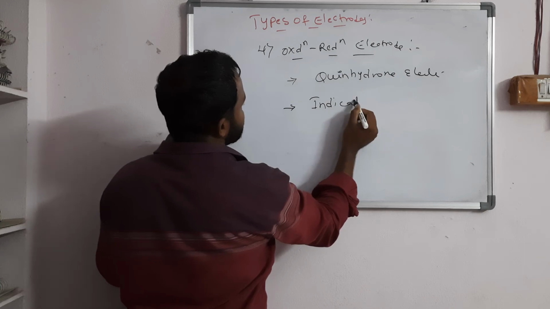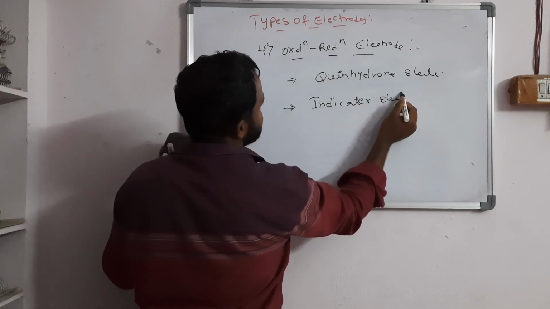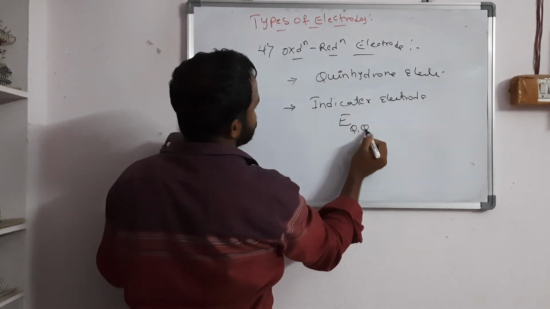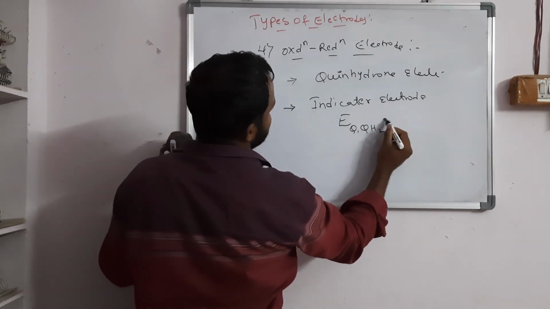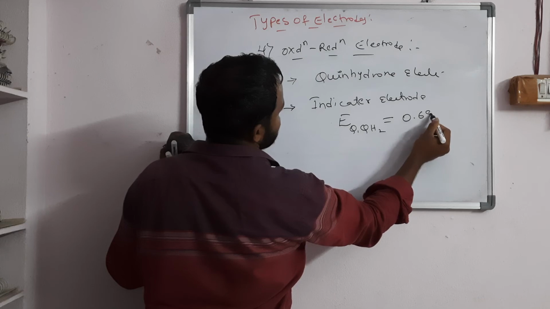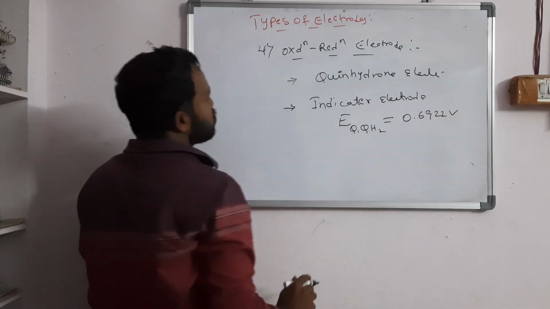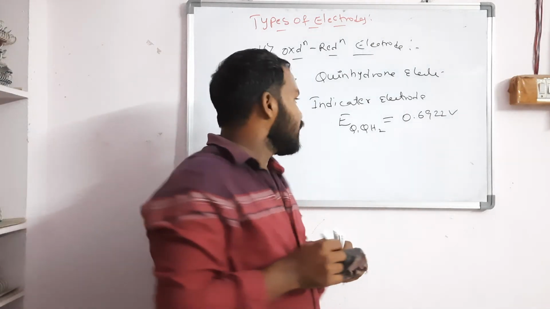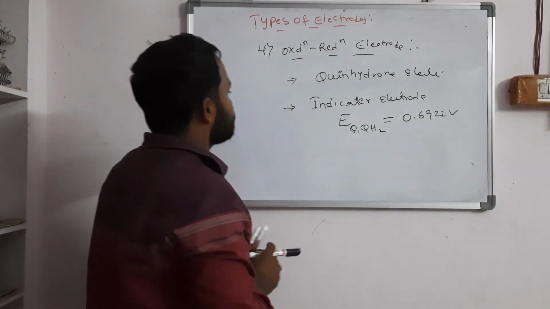E of Q in QH2, that is quinhydron, has a value of 0.6922 volts. Generally these indicator electrodes are used in acid-base titrations.